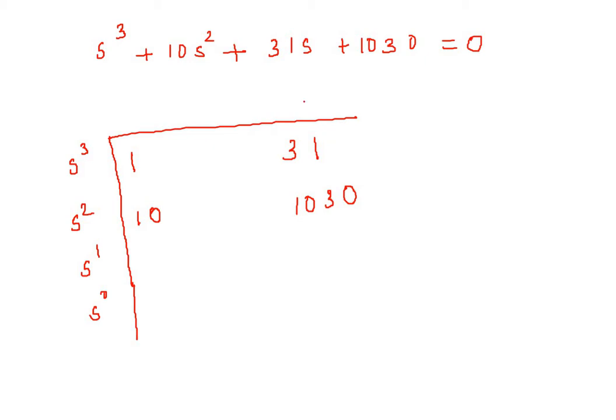We only have 4 coefficients, and we have represented these 4 coefficients in the Routh table. Now we have to find the coefficient of S1, which we can find using the equation 10 into 31 minus 1 into 1030, divided by this 10.